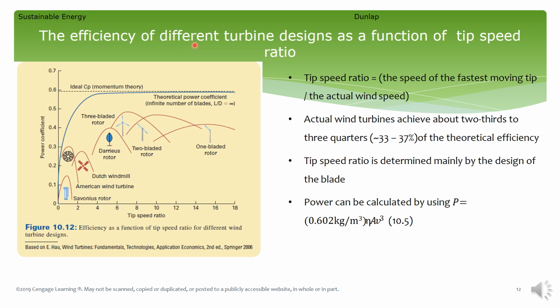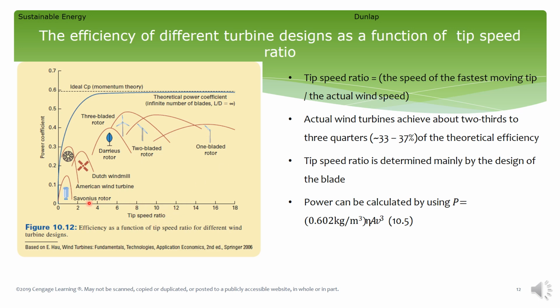The efficiency of different wind turbine designs as a function of tip speed ratio. What is a tip speed ratio? Tip speed ratio is the speed of the fastest moving tip per the actual wind speed.